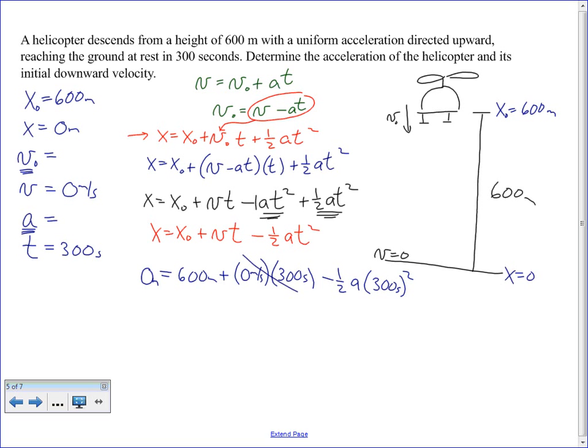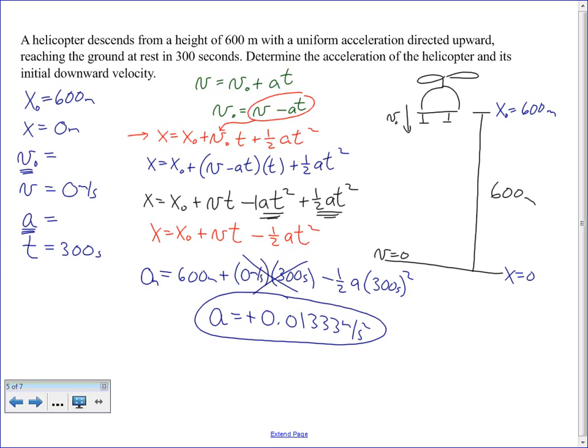And so again, 0 times 300 is still 0. And so I take the 1/2 a times 300 squared over to the left-hand side of the equal sign. I multiply both sides by 2, divide both sides by 300 squared, and this gives me that the acceleration is positive 0.01333 meters per second squared.